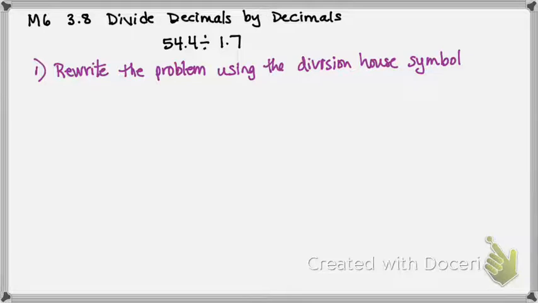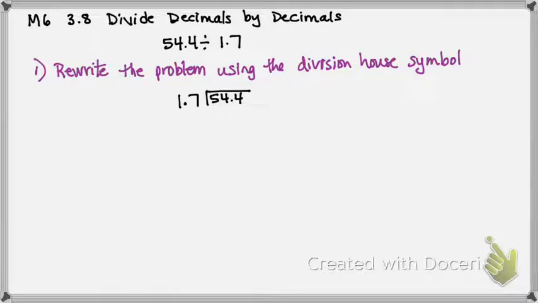So that will look like this: 1.7 dividing into the 54.4. So remember, the dividend is the guy that's going to end when we do the division. So he's either in front of the division symbol or he's inside the division house.